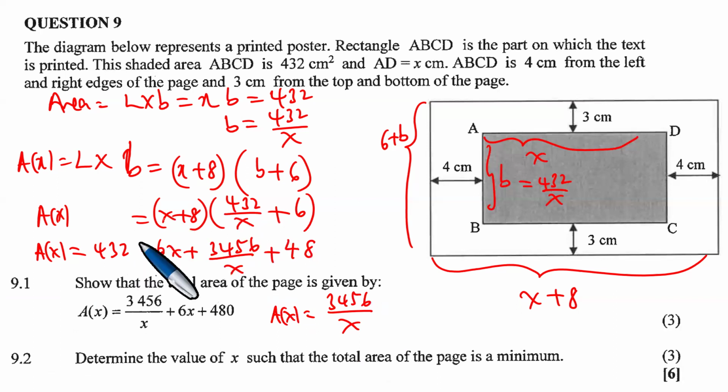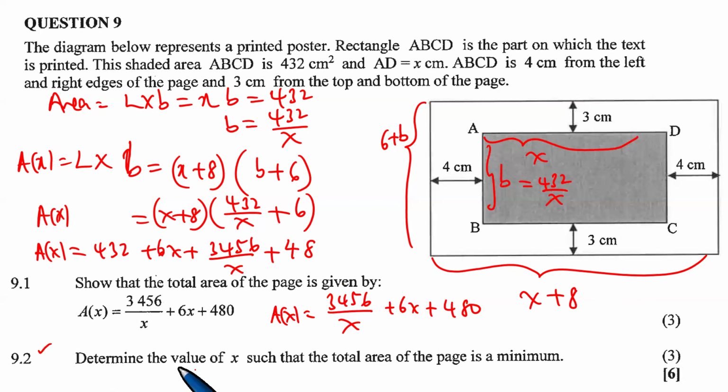X times 432 over x is 432, x times 6 is 6x, 8 by that, and 8 by that. So it is 3456 over x plus 6x plus 480. That's what you get there. Just take note of that.